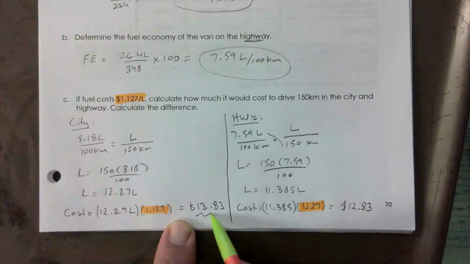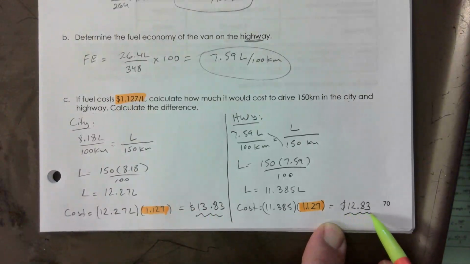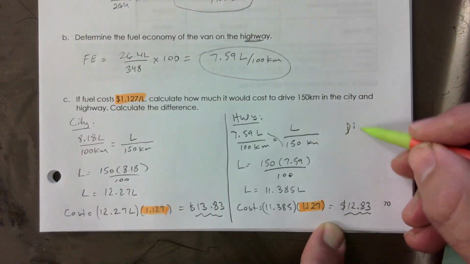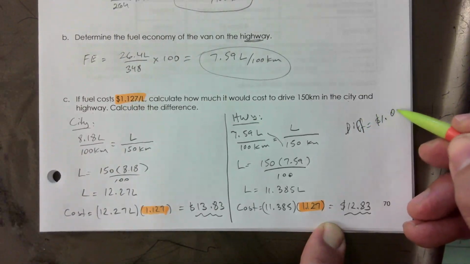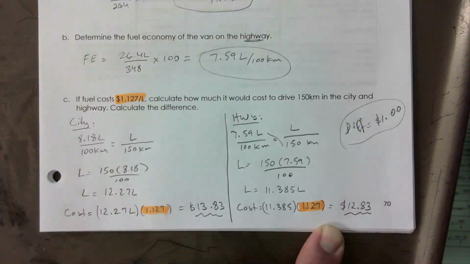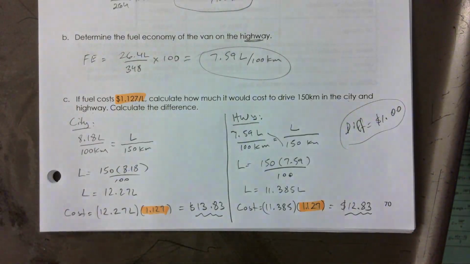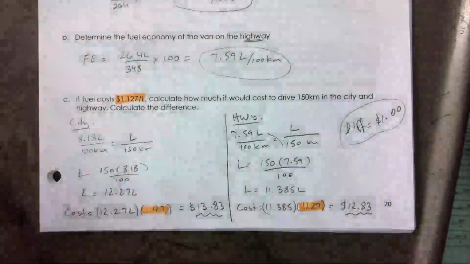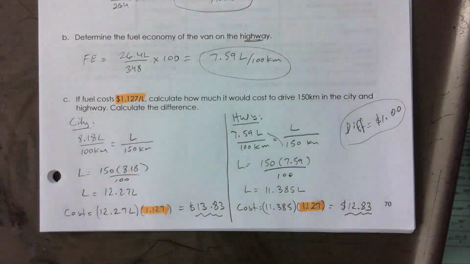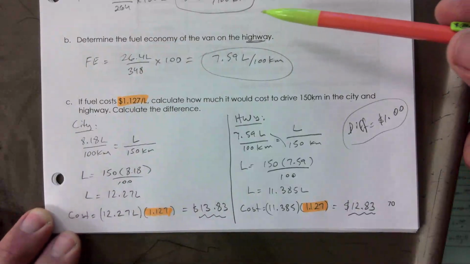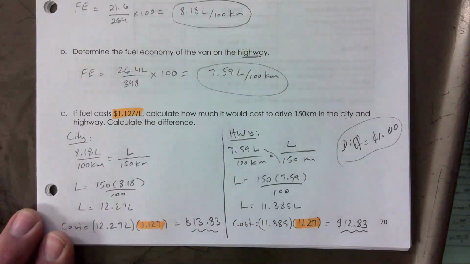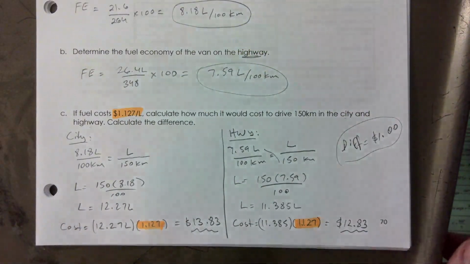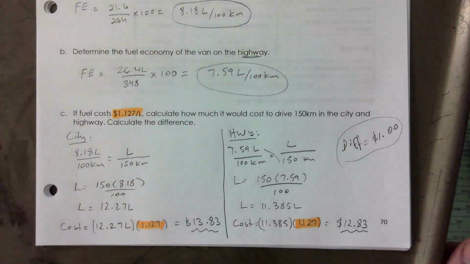So this is city, this is highway, and the difference is $1 in this case. It's not a whole lot, but it adds up in the long run. The thing is that the difference in fuel economy is so small. Think about it, 8.18 and 7.59. It's not a whole lot of a difference, but usually it is significant.